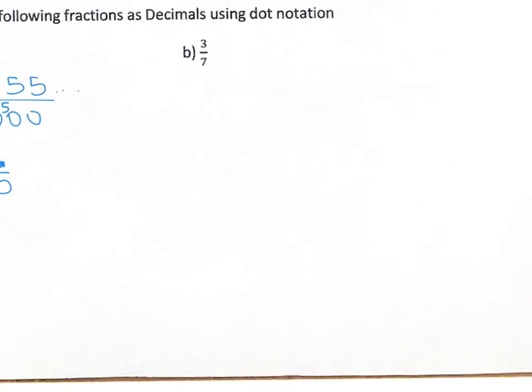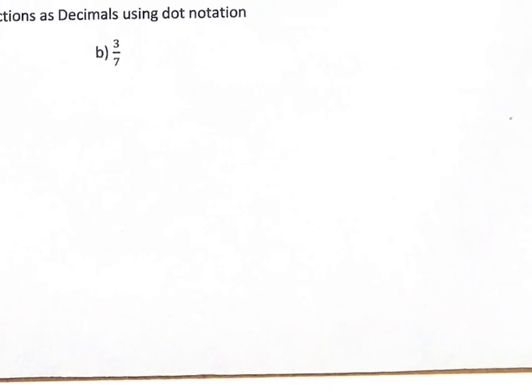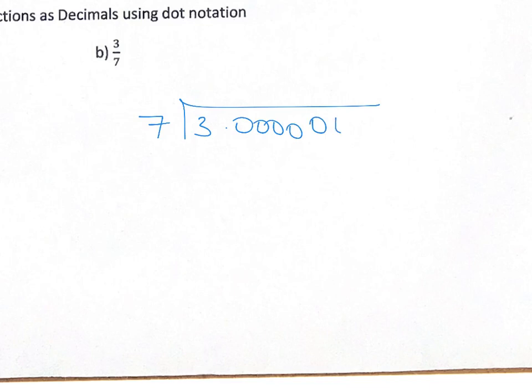3 over 7 then. What we'll do again is divide 3 by 7. 7 into 3 doesn't go. We'll carry the 3 into 30, goes 4 times, remainder 2. Into 20 goes twice, remainder 6. Into 60 it goes 8 times, remainder 4.